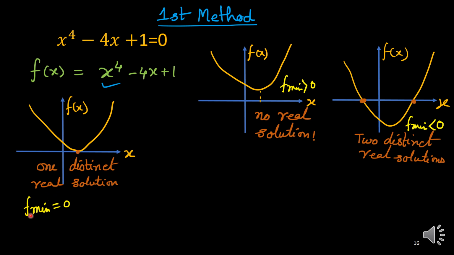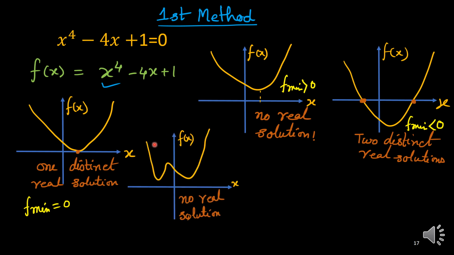So here f minimum is exactly equal to 0. If at the minimum its value is exactly 0, it will just touch the real axis, so we have two equal solutions. That is important in nature. When f minimum is less than 0, we find two distinct real solutions, but here we get only one distinct real solution.